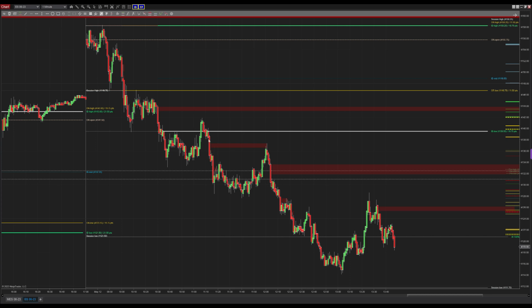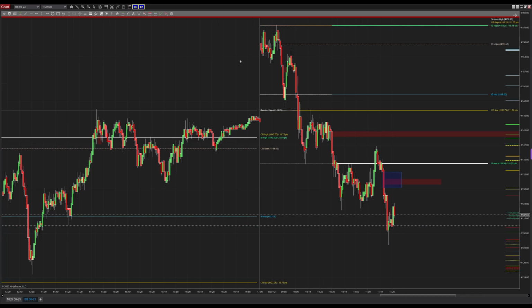Whatever you want to call it, what we have here is an imbalance between this low and this high. So it's not surprising that often you'll see these stacked imbalances where we have this imbalance in the market, or a fair value gap. So these are things that are commonly looked for here.